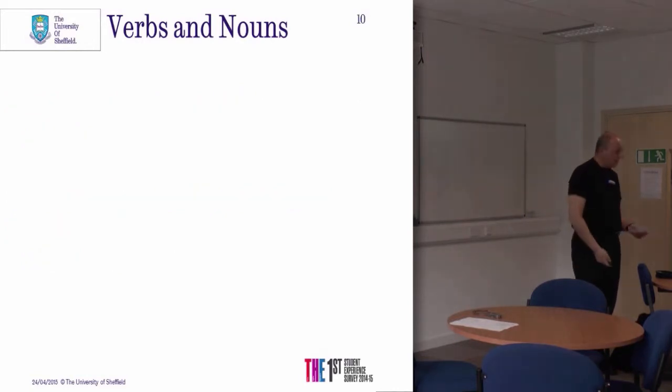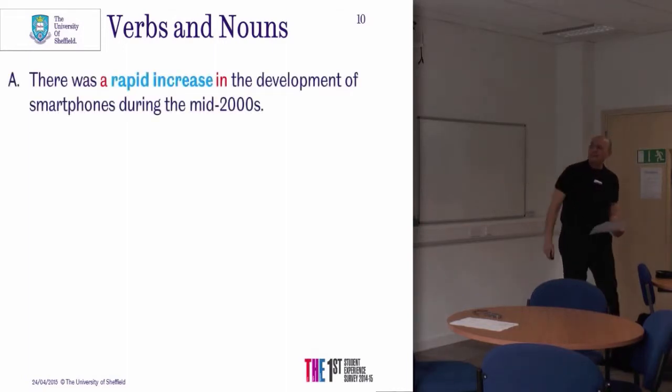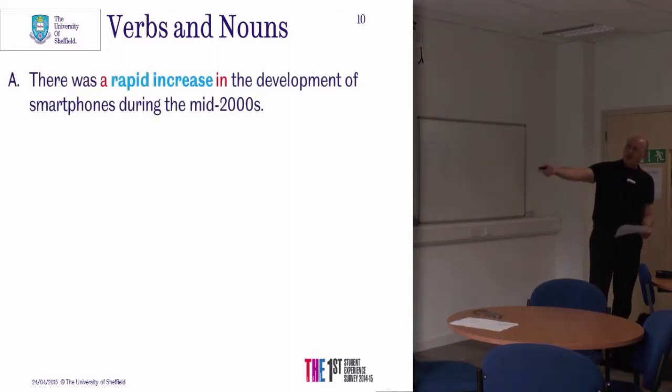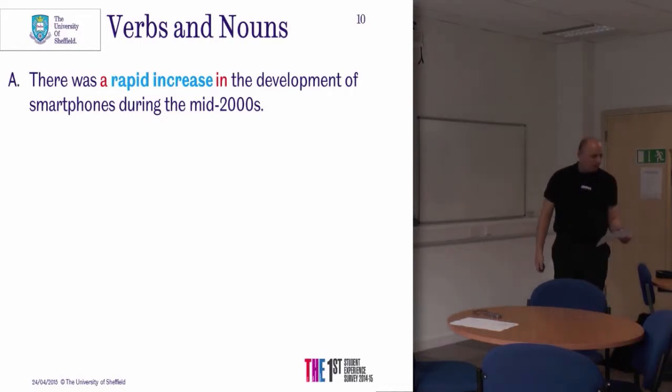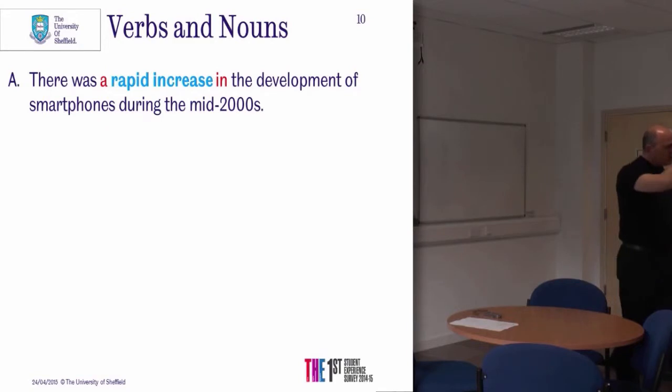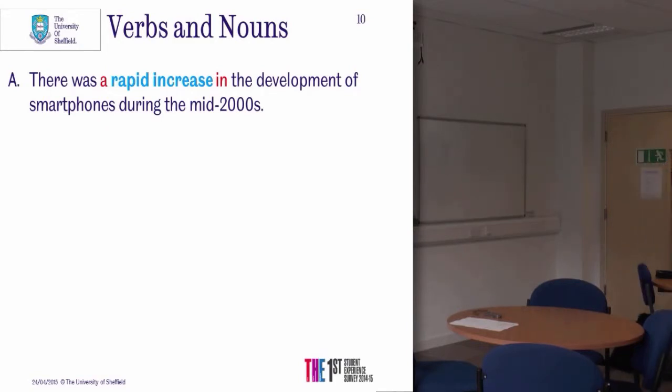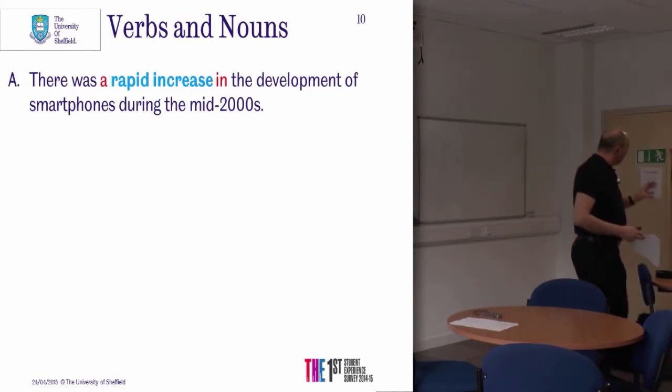We can rewrite that as: there was a rapid increase in the development of smartphones. So again, notice how you're moving the subject here as well. So take a look at it.